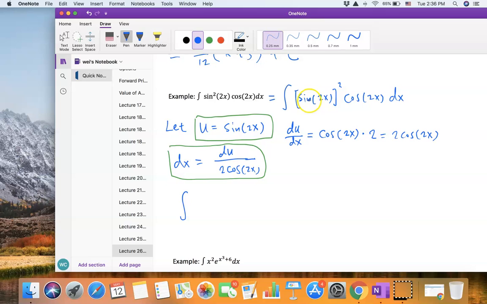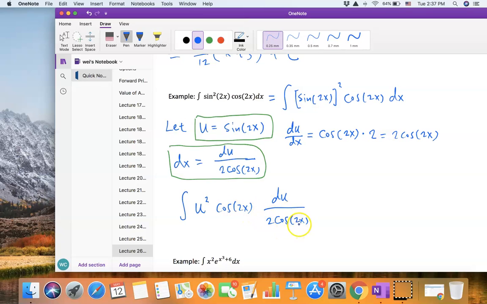Then the sine of 2x squared will be replaced by u squared, and dx will be replaced by du over 2 cosine of 2x. And we have a cosine of 2x in the middle.